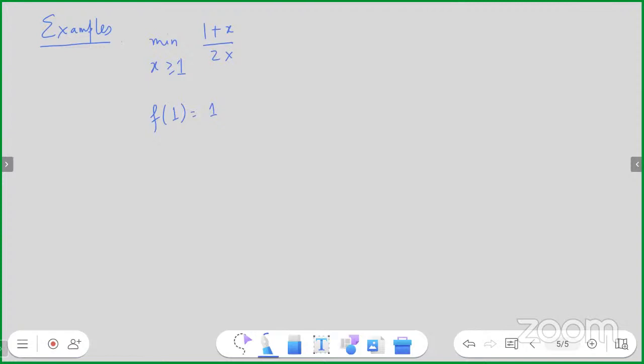Okay, why? Because both are increasing and the denominator is increasing faster. Yeah, so it's going towards 1 by 2, right?